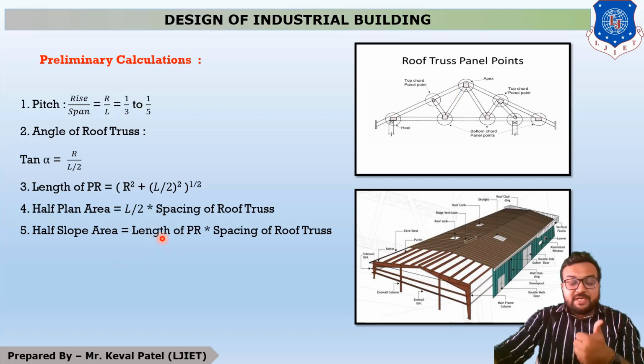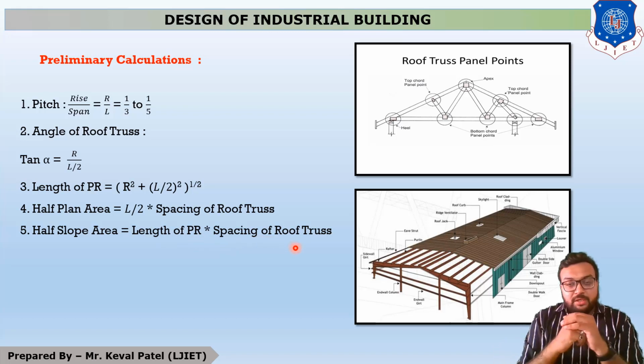So this is length of principal rafter into spacing of roof truss. Students, I think there is no doubt. So these five are the major preliminary dimensions whenever we have to calculate dead load, live load and wind load on any industrial building. This is the basic step.